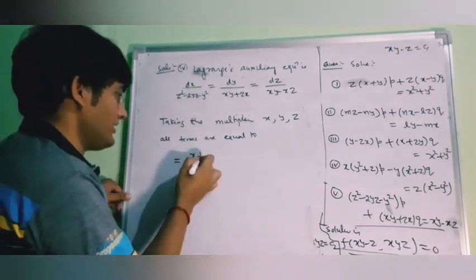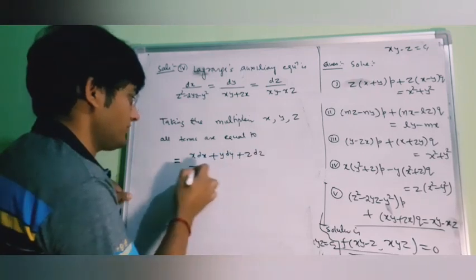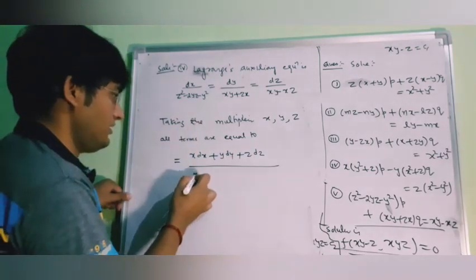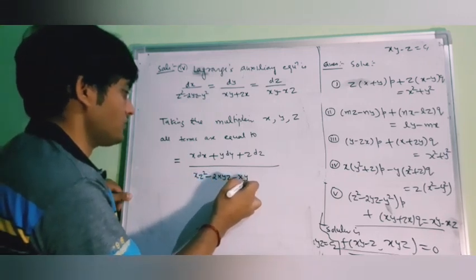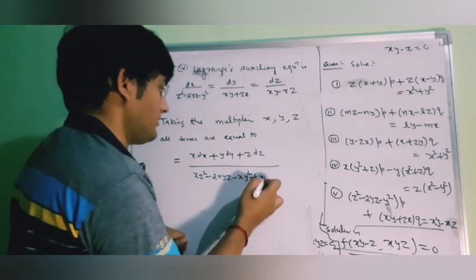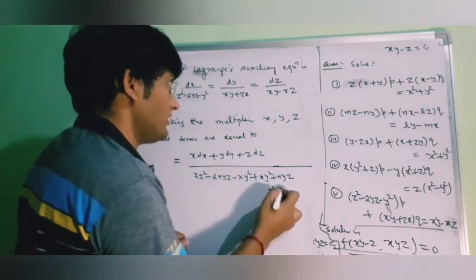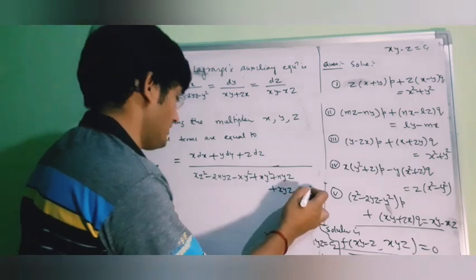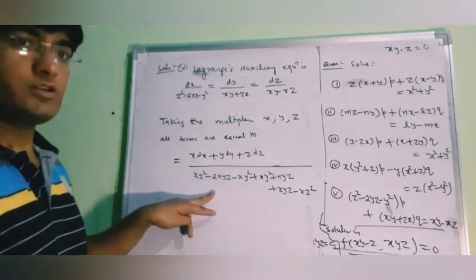So the first term will be x dx, the second term is y dy, and the third term is z dz. And here we will get xz square minus 2xyz minus xy square. For the second term we will have xy square plus xyz, and for the third term we will have xyz minus xz square. Now again you can see that this denominator is 0.